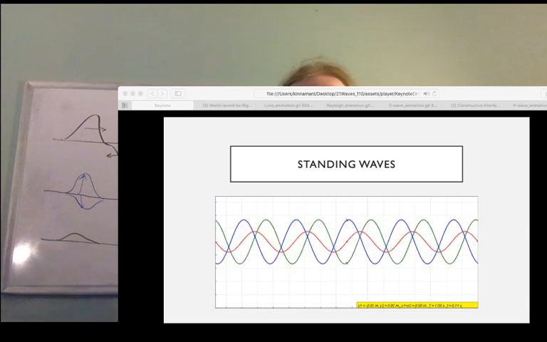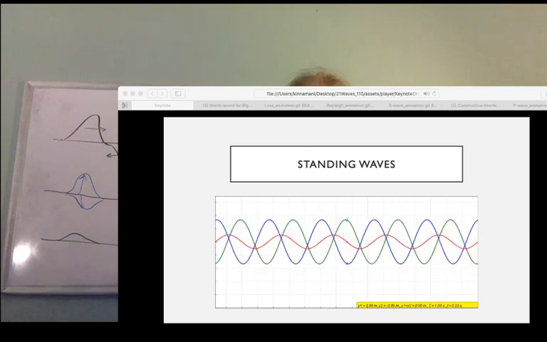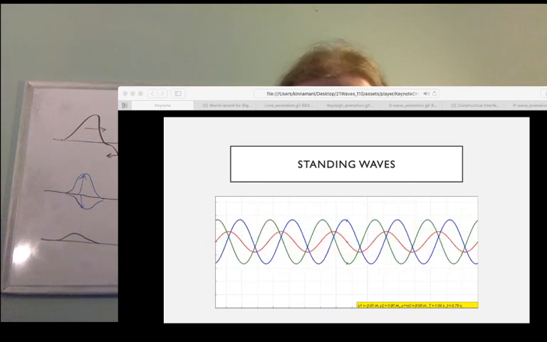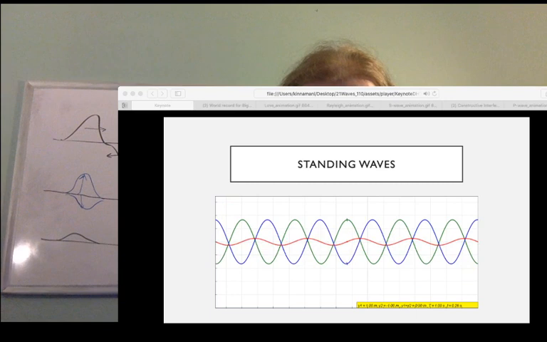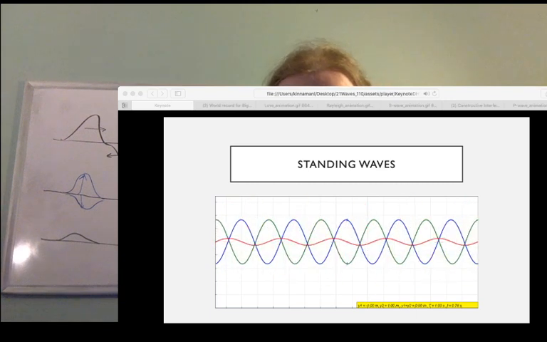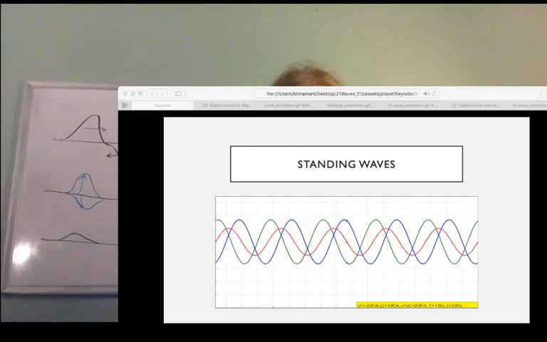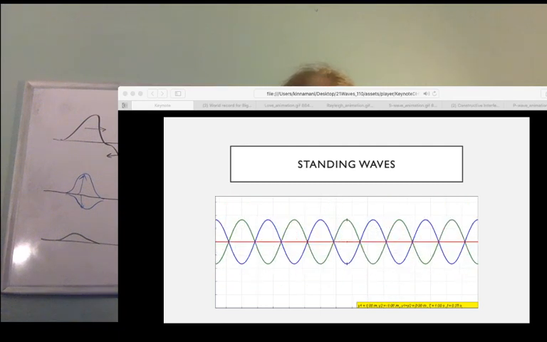And then you get like a big total wave. But sometimes the blue and the green wave are opposite of each other. So you get a peak for the green wave and a trough of the blue wave. And at that point, the red wave flattens out. So at some moment when you watch this, you get a flat line for the red wave.